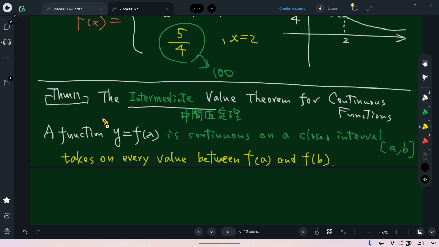This is the formal statement of the intermediate value theorem for continuous functions.